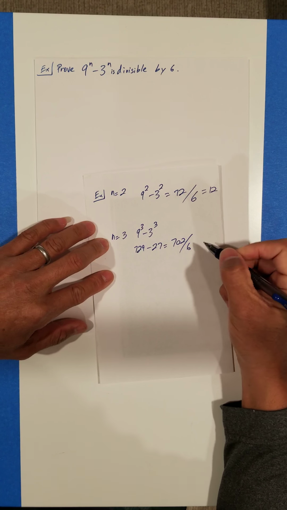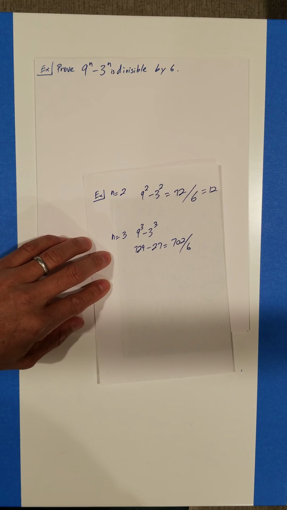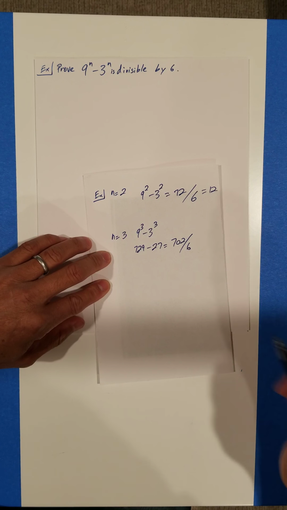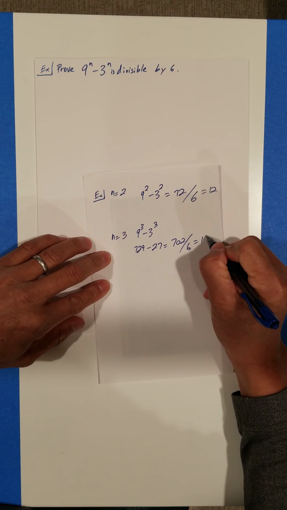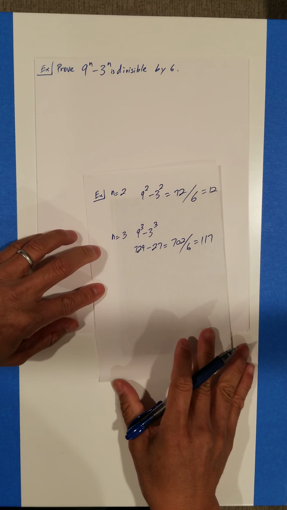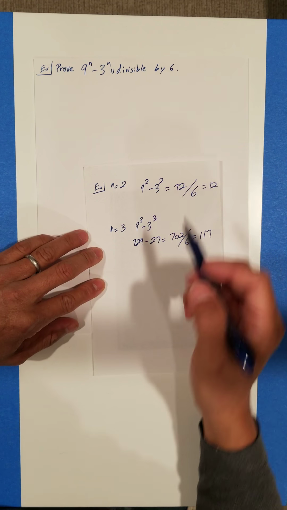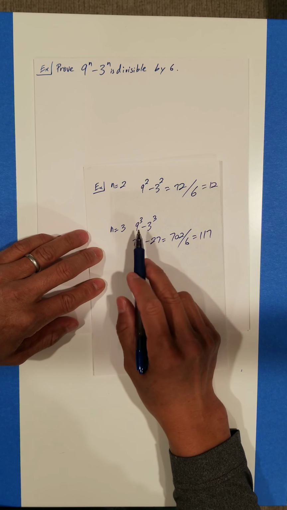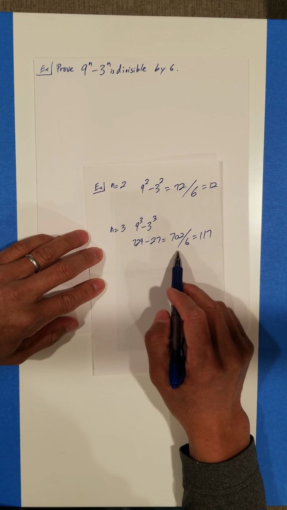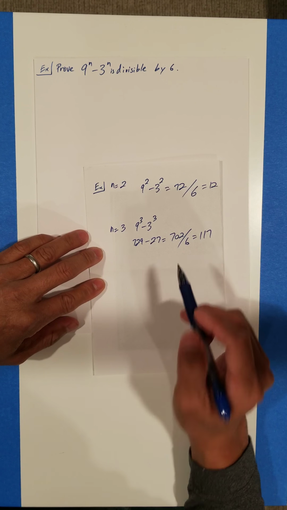Now, is 702 divisible by 6? Can we divide it by 6 perfectly? Yes, we can. We get 117. So no matter what we pick for the power, the result will always be divisible by 6.